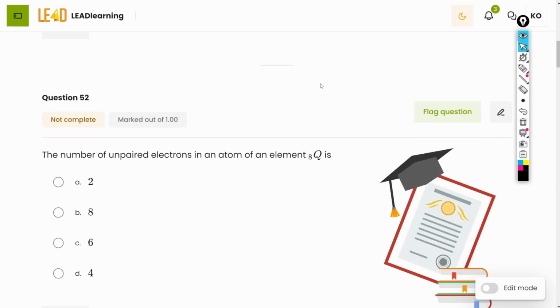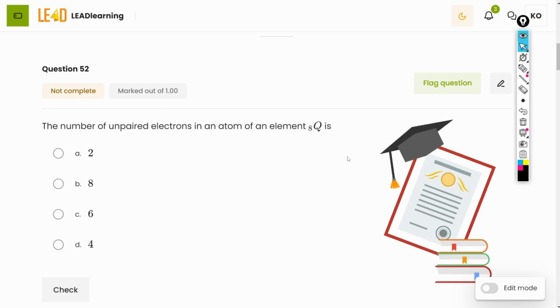Question 52. The number of unpaired electrons in an atom of an element Q is, okay, now Q has 8 protons. This means that Q also has 8 electrons. Now, to determine the number of paired or unpaired electrons, we have to use the electronic configuration using the subsidiary quantum number or the orbitals or SPDF notation.